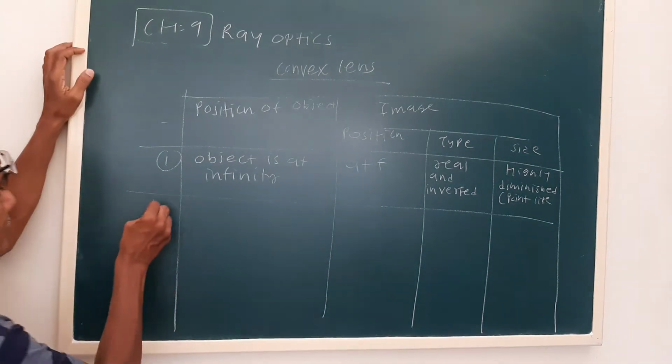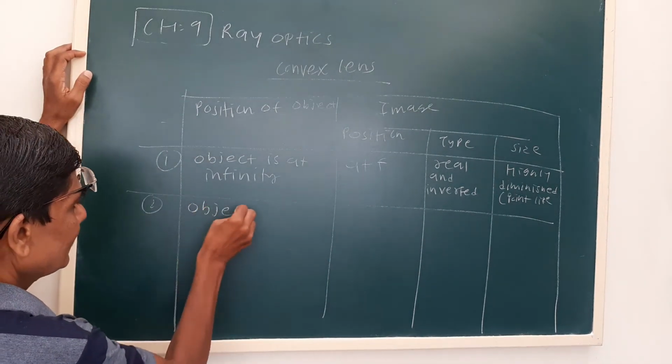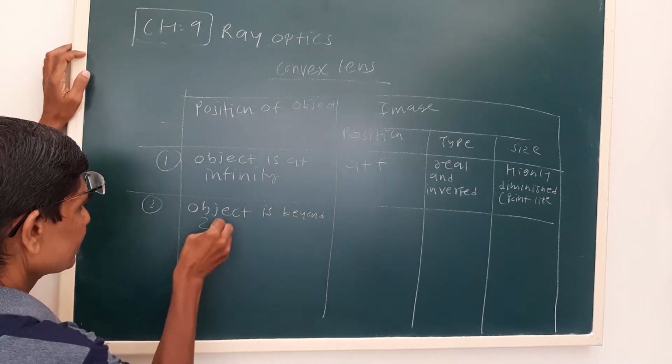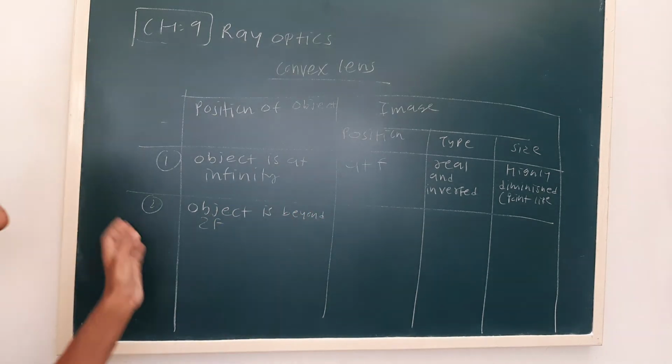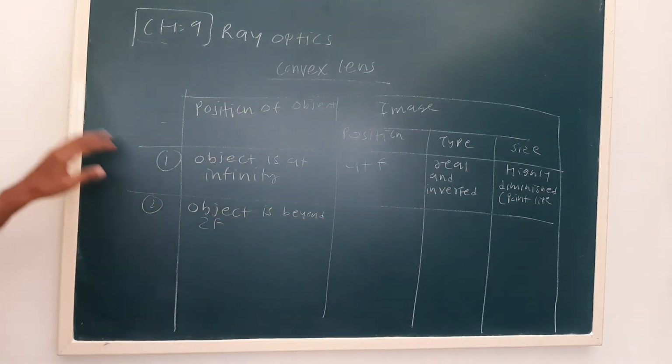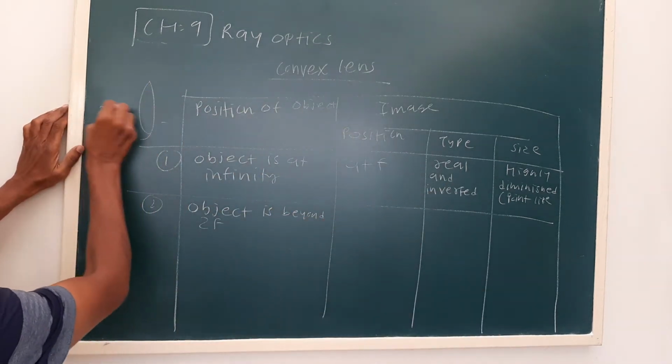Now secondly, when the object is beyond 2F. In the first 5 cases, the image will be formed on the other side of the lens.